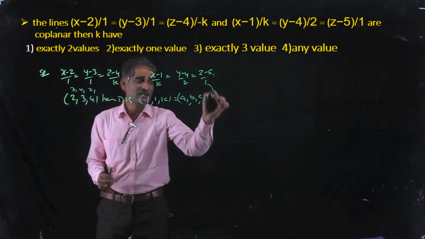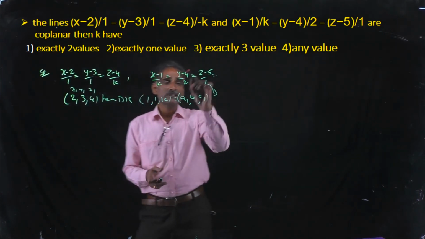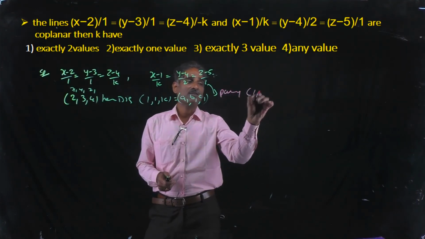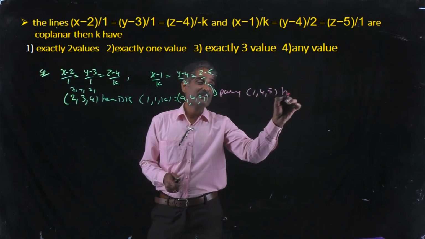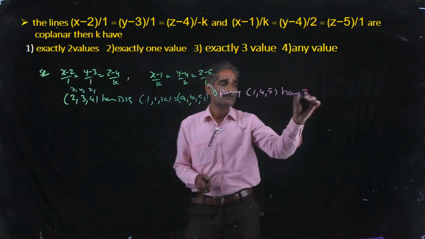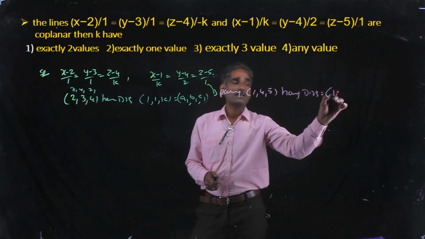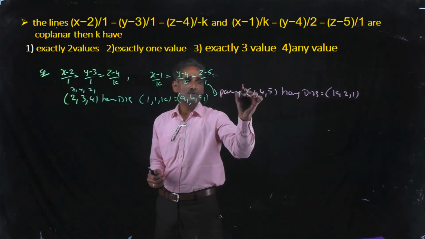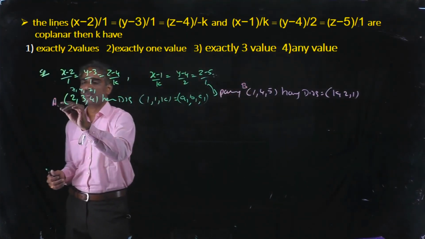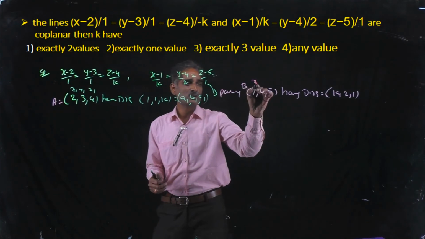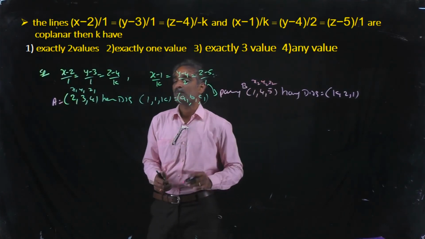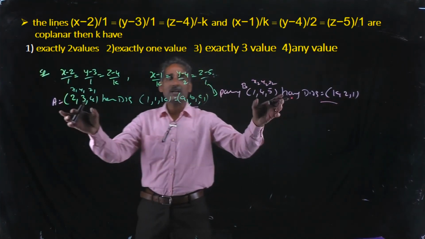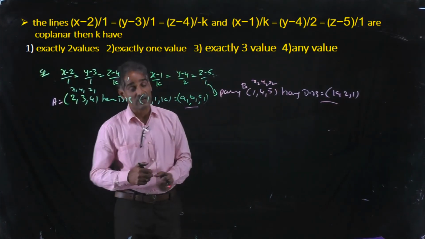And the second line is passing through 1, 4, 5 and having DRs k, 2, 1. Let us take this point as B, and the other as A, say x2, y2, z2. Here are the DRs of the first line and the DRs of the second line. With the help of these two, we can find out the DRs of the third line AB.